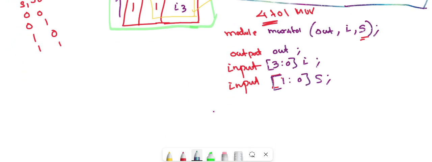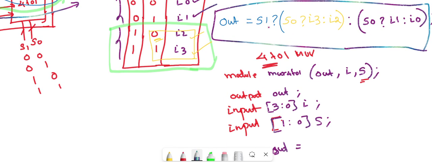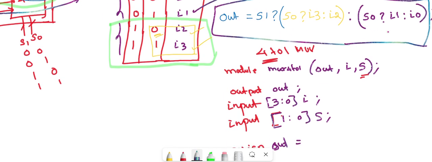Then again you can use the same ternary operator. Assign is a keyword. Assign out equal to: if S1 is true, you check S0.